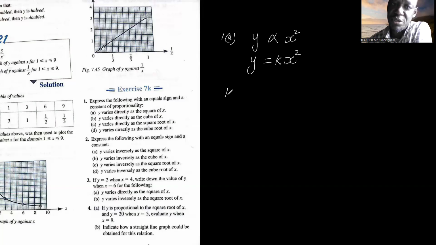All right, everybody, try number 1B. Very straightforward. Y varies directly as the cube of x.